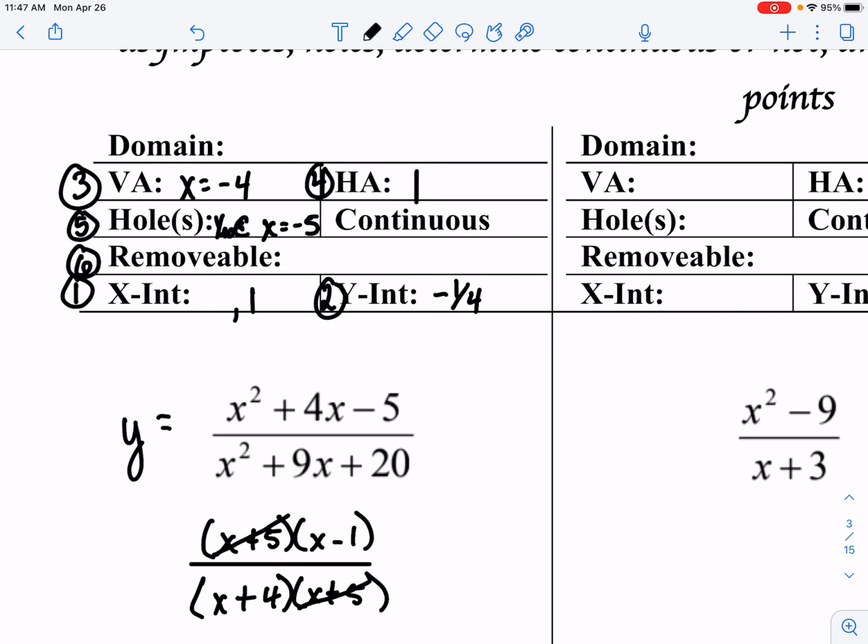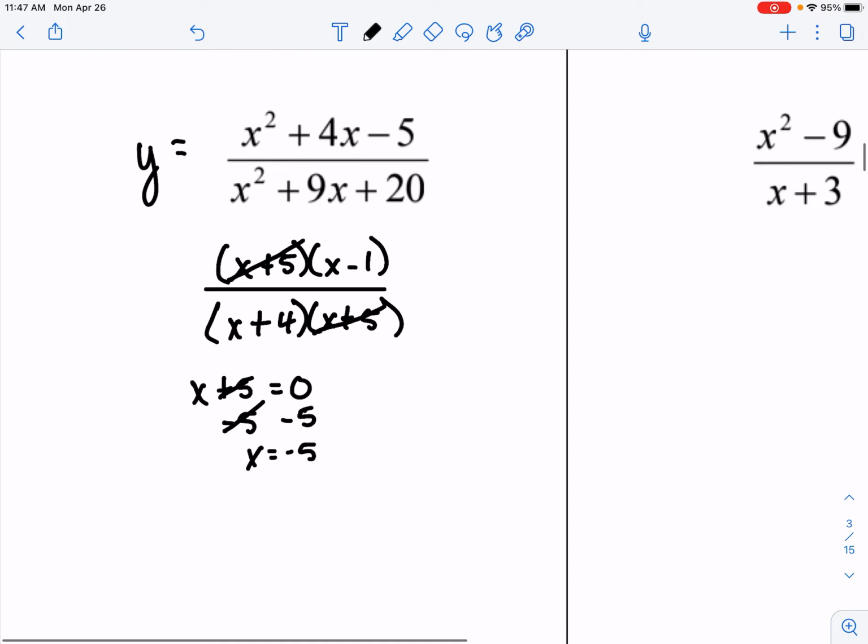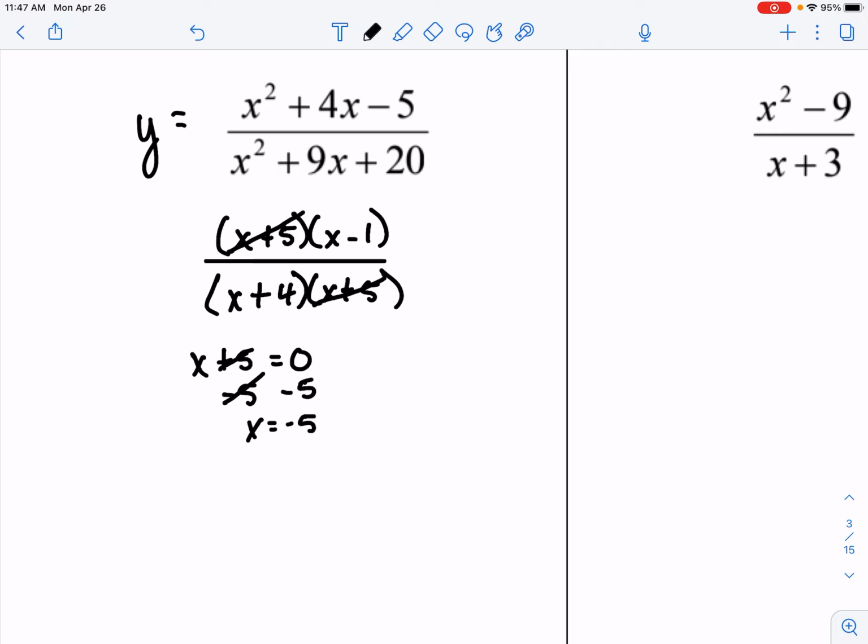You then say this point is removable, and what point is removed or taken from the graph? You take the x value you just found, plug it in, and evaluate what's left. So negative 5 minus 1 all over negative 5 plus 4.